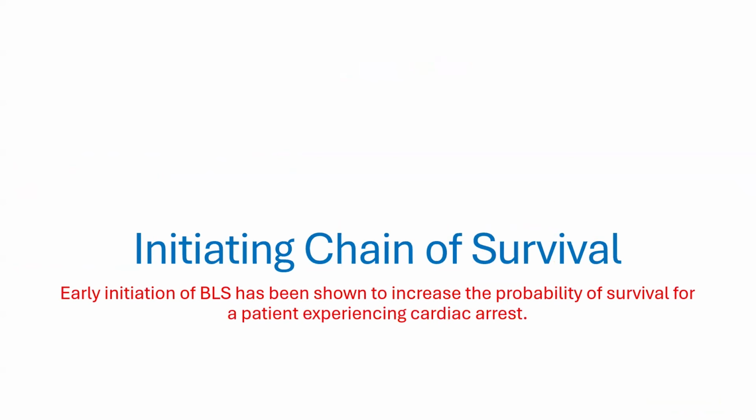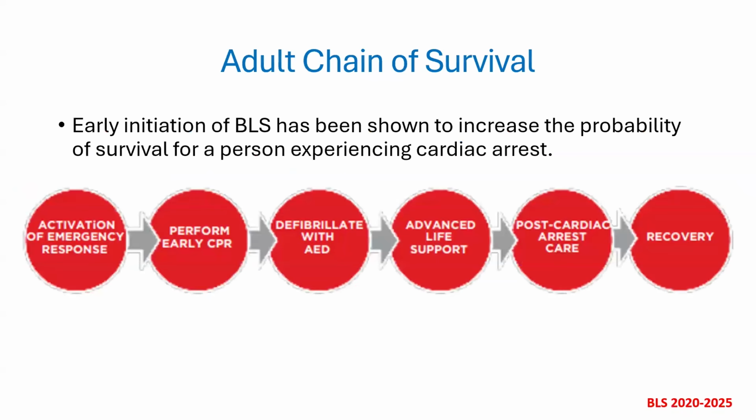First, the chain of survival. Early initiation of basic life support has been shown to increase the probability of survival for a patient experiencing cardiac arrest. In the adult chain of survival, first, activate emergency response. When you see an unresponsive patient, immediately call the emergency system. Then perform early CPR.